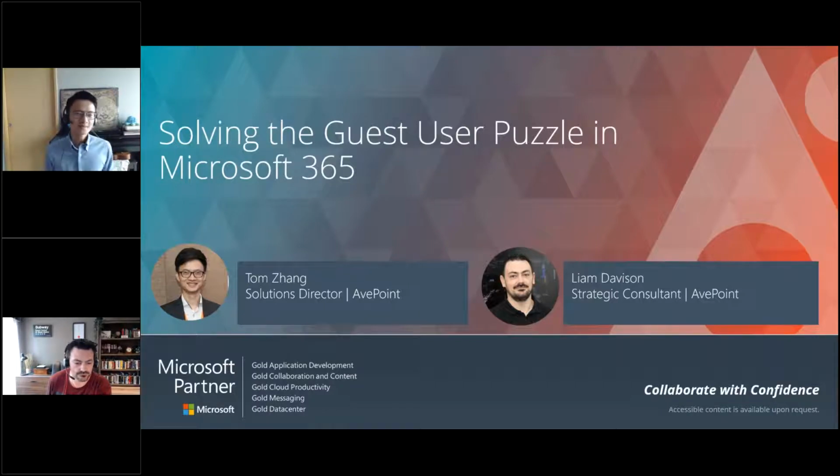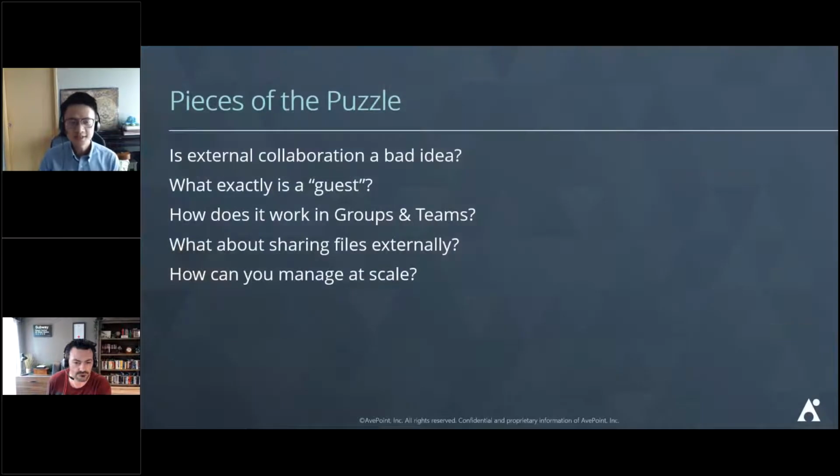So for the agenda today, we're going to go through a few items one by one about guest access. We'll start with, firstly, is external collaboration really a bad idea? Let's deep dive into it to see what's involved. And also, what exactly is a guest?